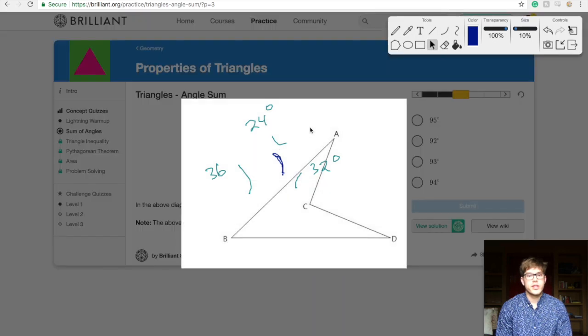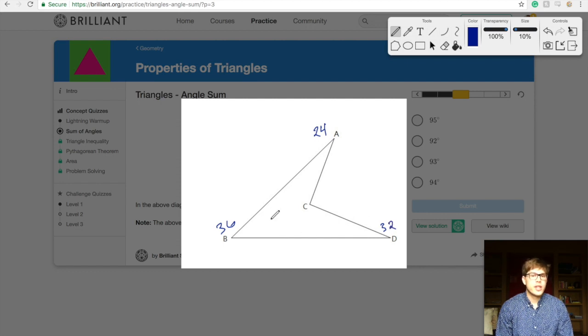Here, let's zoom in on the picture some. Let's erase what we have. We know that this was 24, 36, and 32. If we connect B to C, does this help us? It kind of looks like these would be isosceles, but I don't think so, they're not.